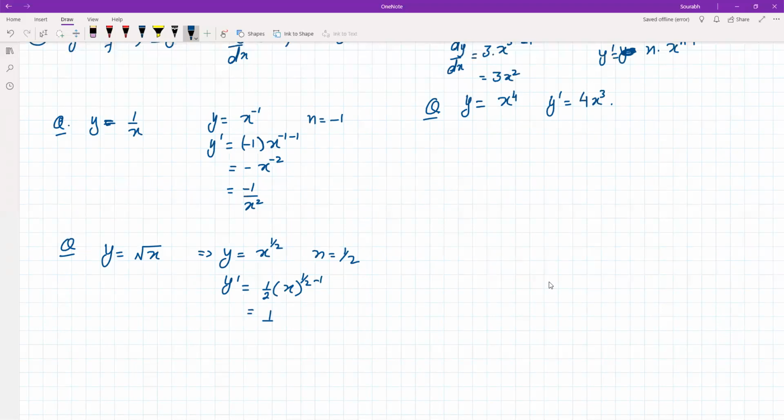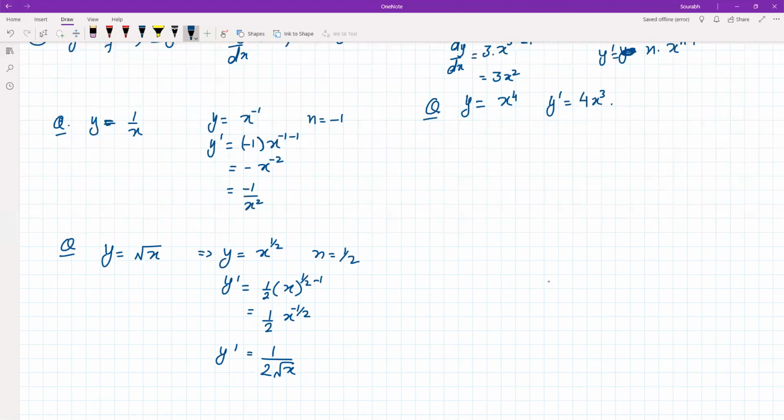So that is half x to the power minus half, or 1 by 2 root x. That is y dash. So these are different questions based on rule 3, that is y equals x to the power n.